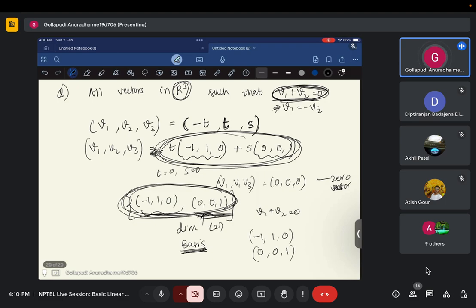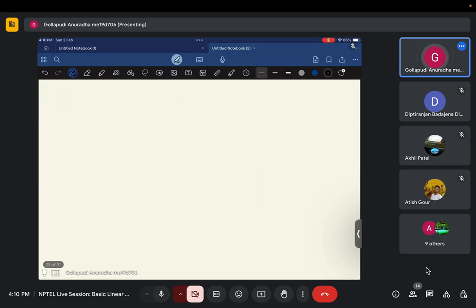Okay, let's take up another example, and then I hope that will be clear for you. So for all vectors, we'll get back to the same example again. Let's solve it multiple times so that we'll understand it.